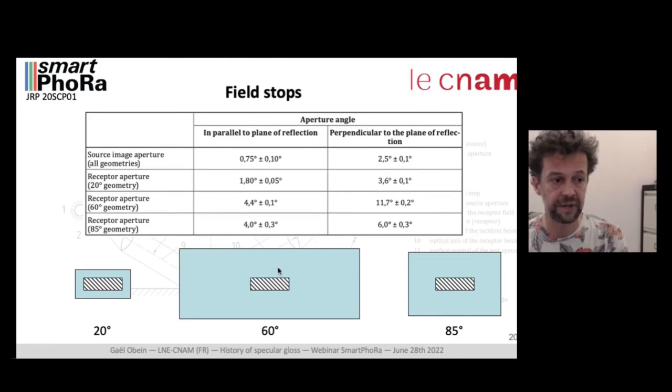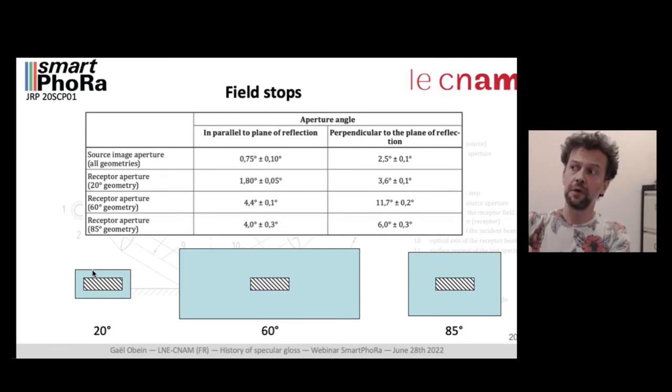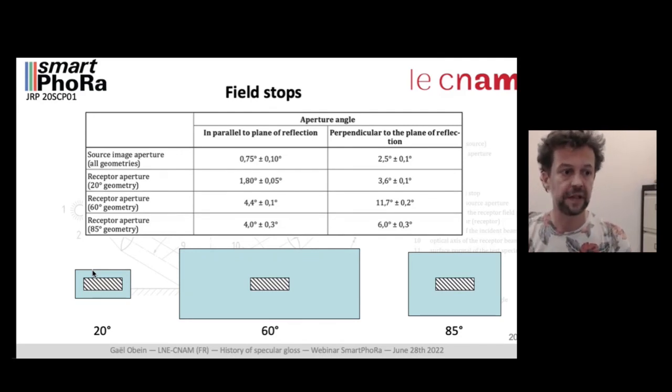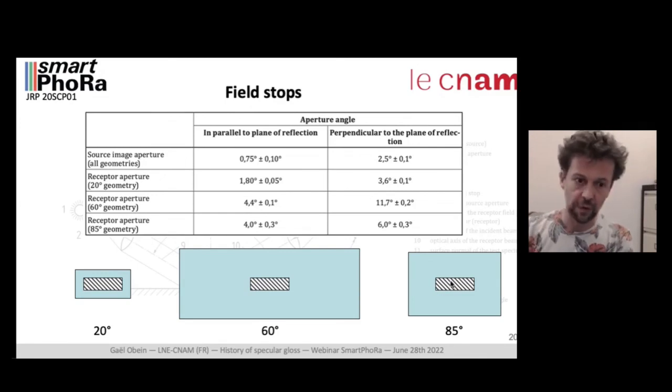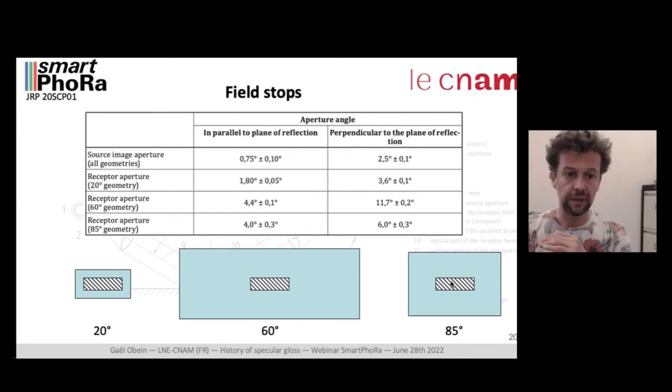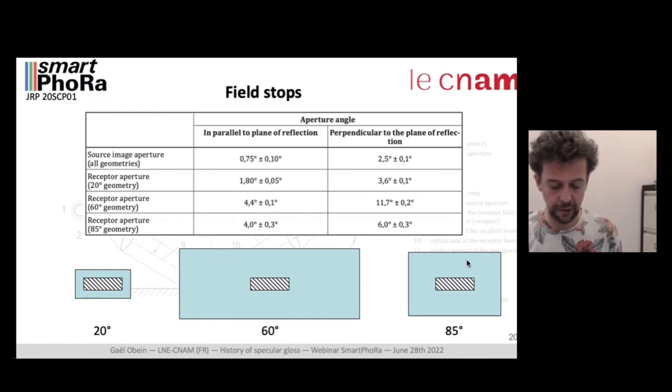You collect almost everything. Whereas for 20, because it's devoted to high gloss surfaces, it's smaller, and for 85, it's also smaller. Particularly, it's because the size of the peak will really decrease when you increase the zenithal angle.